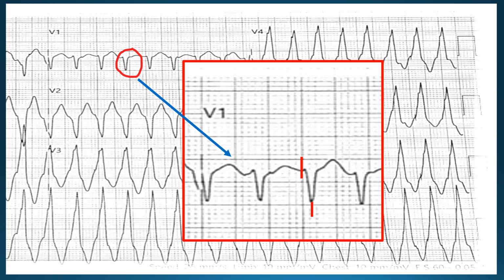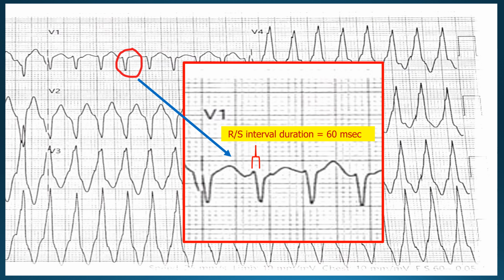The width of the RS complex in lead V1 has to be more than 70 milliseconds to favor ventricular tachycardia. In this case I have marked this RS interval duration in V1 and it was calculated to be around 60 milliseconds. So it is also not broad enough to favor VT.